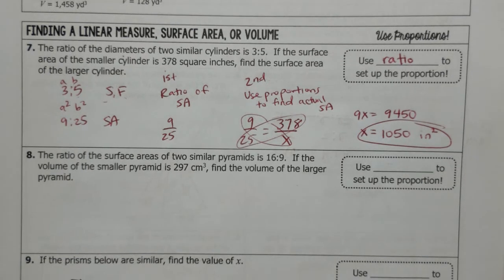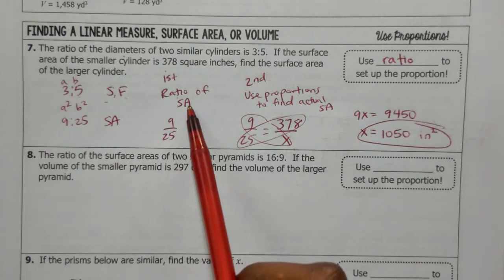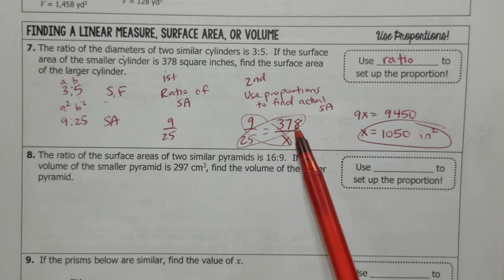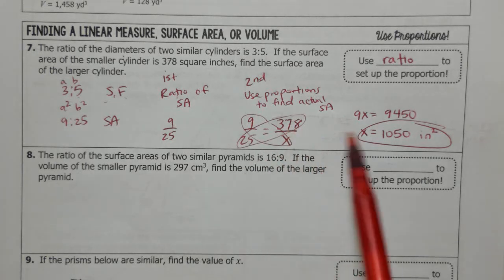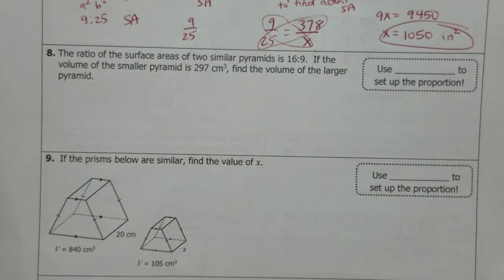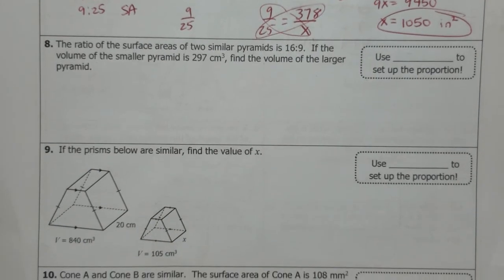So again, you're going to find the ratio of whatever dimension you're eventually looking for, which in this case is volume. Then you're going to set up a proportion using the ratio for volume and the actual volumes they give you. Okay, so I'll just let you do 8, 9. I'll do that one.